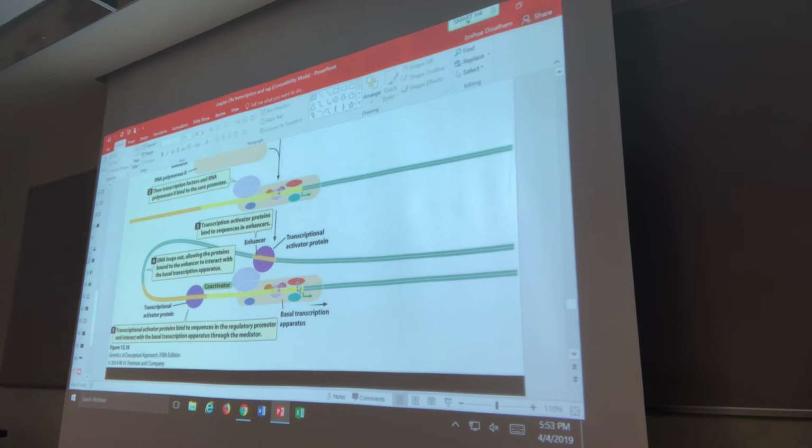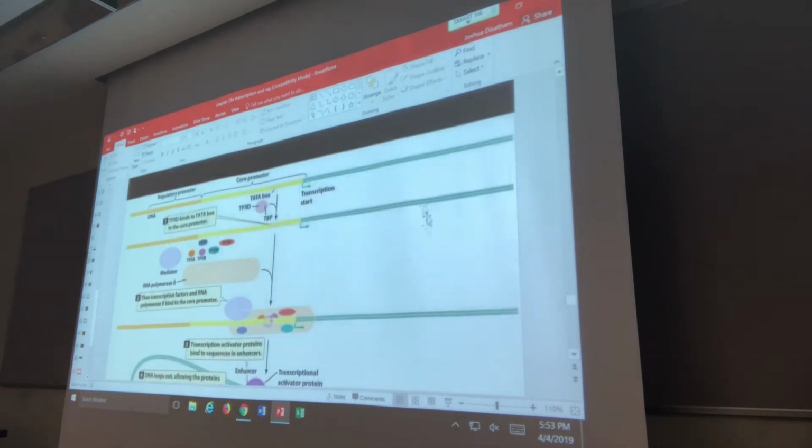Eukaryotes have this crazy thing where certain genes are active based on certain conditions, certain stimuli that are received by the cell. And the expression of genes is regulated simply by the enormous variety of transcription factors that will bind or not bind depending on what conditions the cell is in.